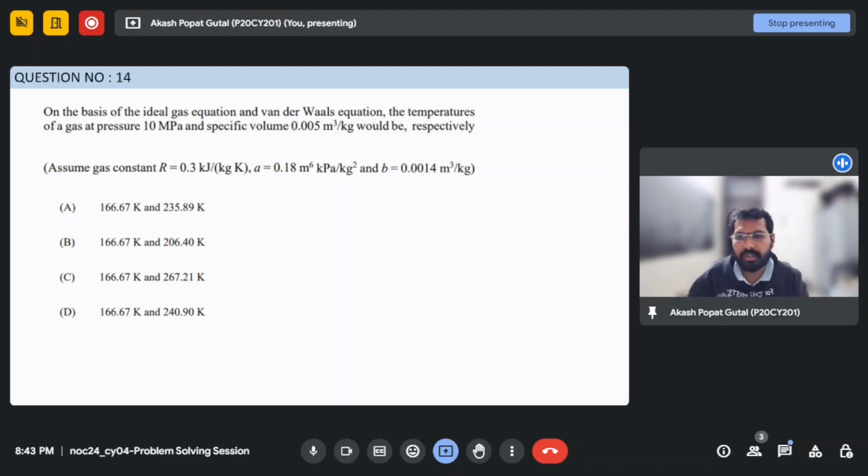So take care of these things. It is given as kilo and kilo in both the constants. So you take care of that and calculate the answer. The first will be the same because for the ideal gas equation the given values are the same. So you need to calculate only for the real gas.